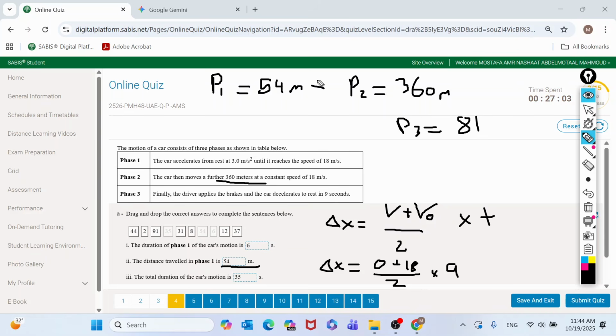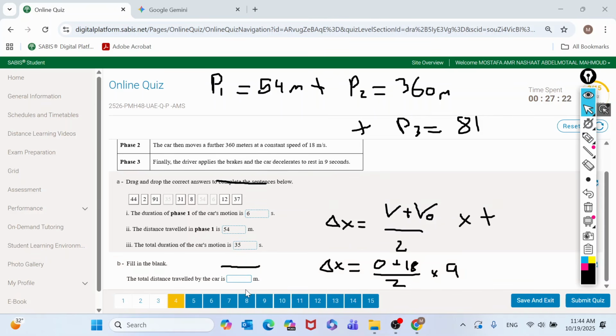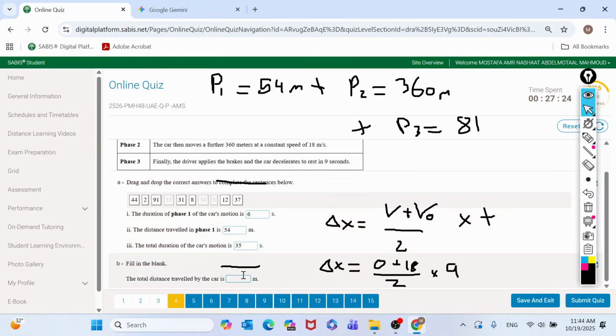Now you add them all up: 54 plus 360 plus 81, you get 495.